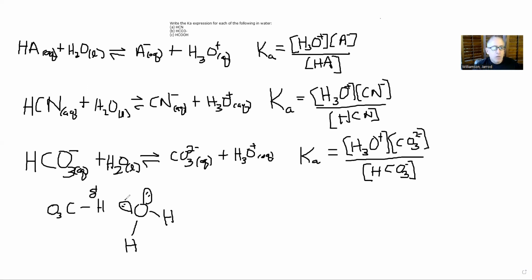This negatively charged lone pair of electrons will be attracted to that slightly positive hydrogen. And then I end up with that same situation where I have my water molecule. I'll draw it over here.